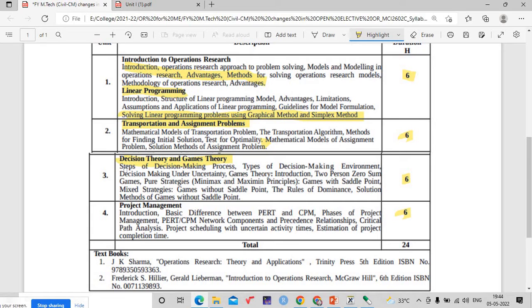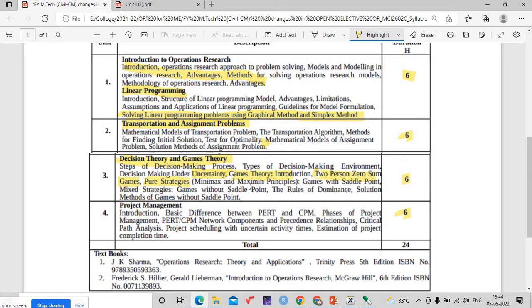This unit includes the different types or stages of the decision making process, types of decision making environment, and decision making under uncertainty, which I was about to tell you, that randomness. Uncertainty stands for the randomness of the situation. Then game theory: two-person zero-sum games and pure strategies.